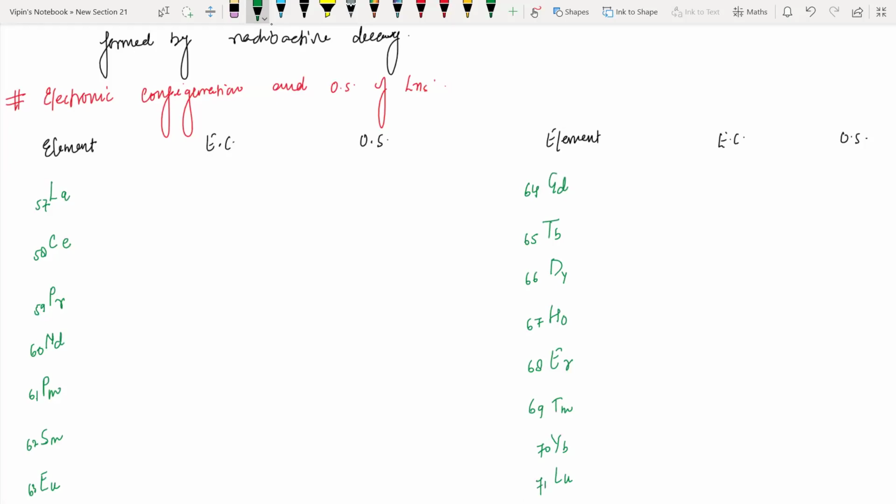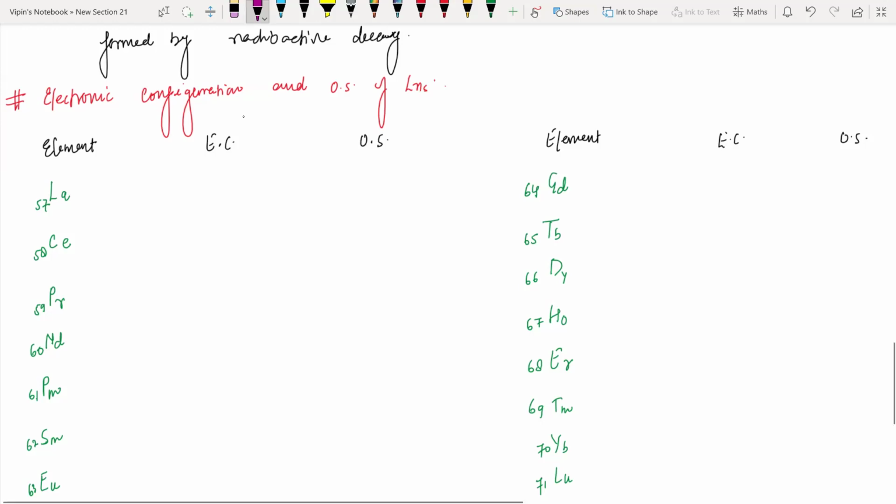There is homework for you to find out the names of these elements: lanthanum, cerium, praseodymium, neodymium, promethium, samarium, europium, gadolinium, terbium, dysprosium, holmium, erbium, thulium, ytterbium, and lutetium. Try to name all these elements. What is the name of Tb? Dy? Ho?